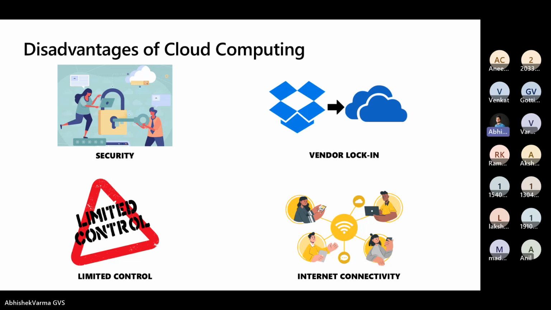Few vendors support few features and few do not. And limited control: where you don't have the hardware server, you will have limited control over things like port numbers, etc. And internet connectivity: for cloud computing, you need high-speed internet connectivity. With low speeds, the efficiency of the application will slow down.